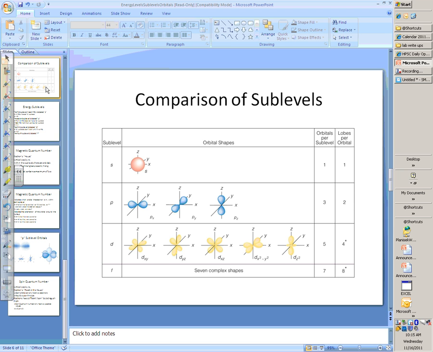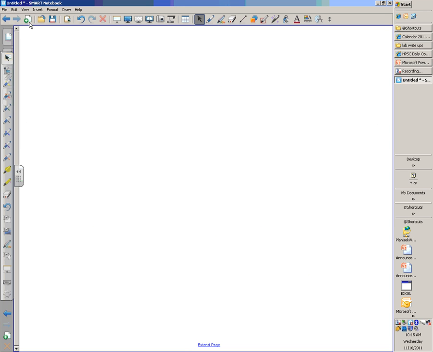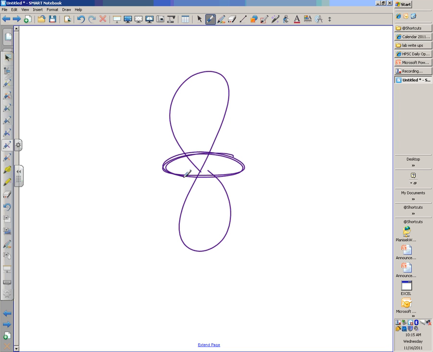It looks like the fifth line. It is definitely weird shaped. So here, hold on. Let me draw it for you. Kirsten, it looks like this. There's a figure 8 shape, and then there's a donut around it. So yeah, it's not an X shape like the rest of it.